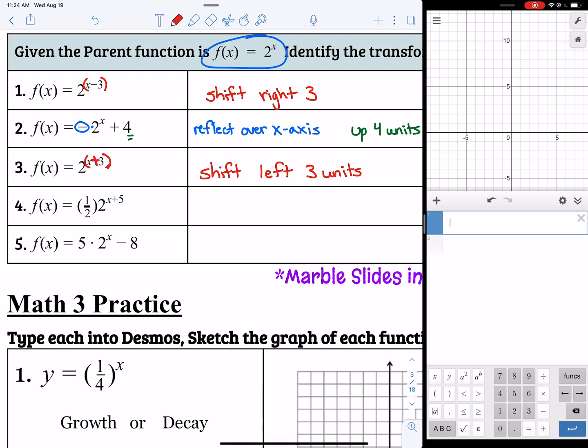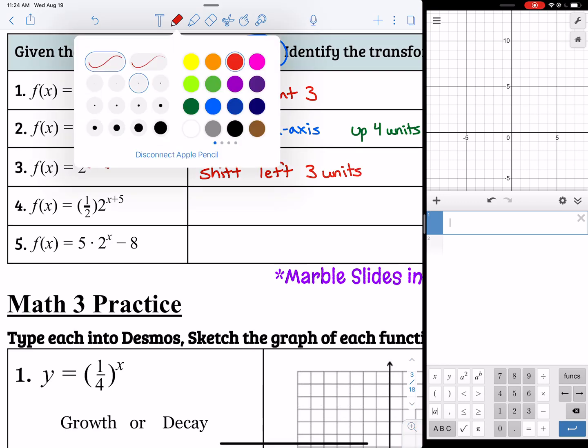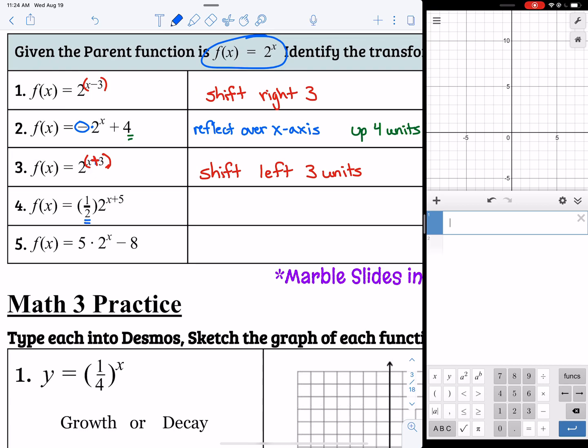All right, number 4, we have a 1/2 out front, so that's the value of a. Notice that is between 0 and 1, so we're going to have a vertical compression by a factor of 1/2.